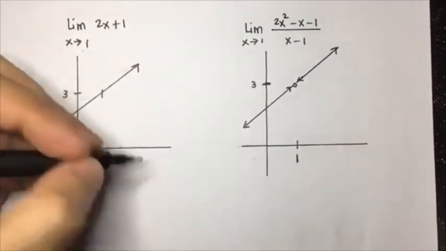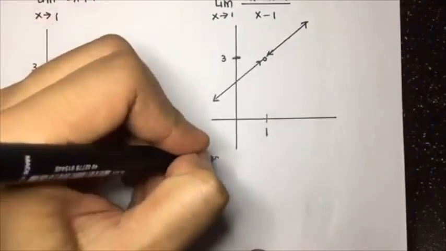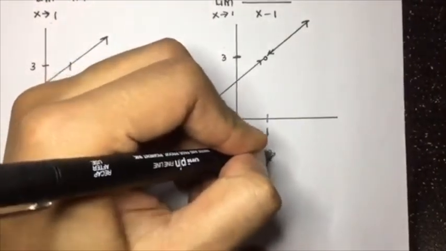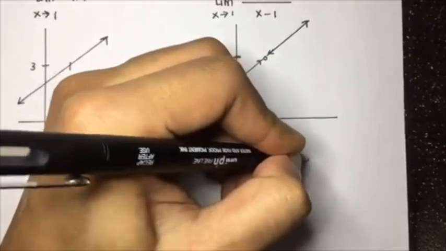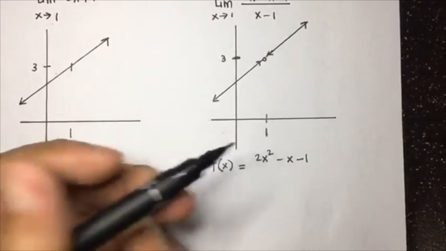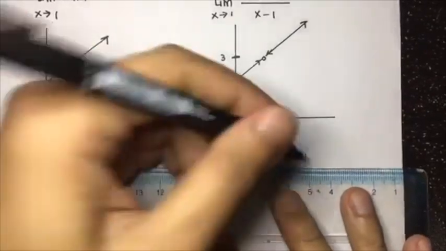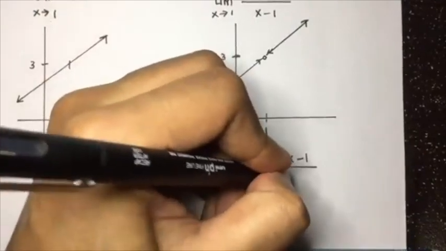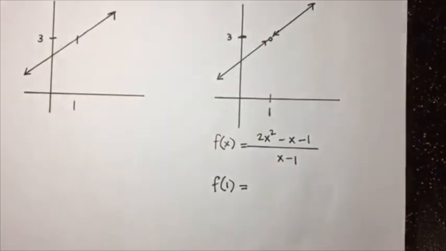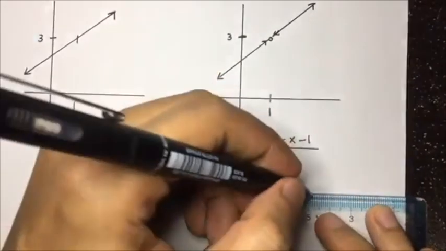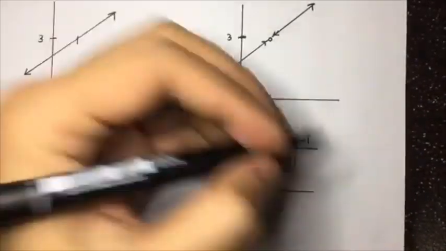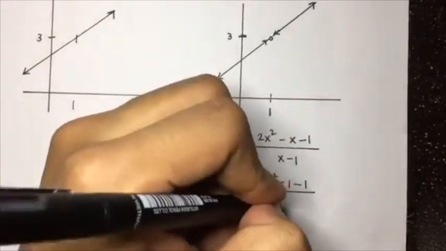If we evaluate the function f of x equal to 2x squared minus x minus 1 over x minus 1, then f of 1 becomes 2 times 1 squared minus 1 minus 1 over 1 minus 1.